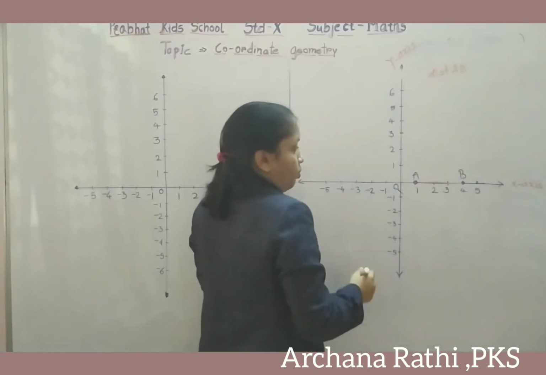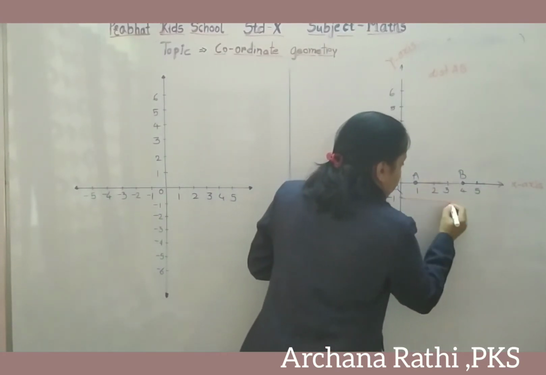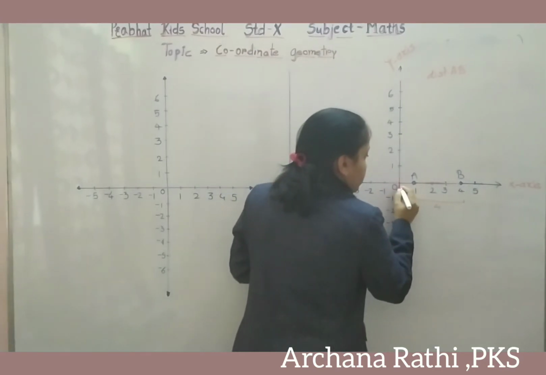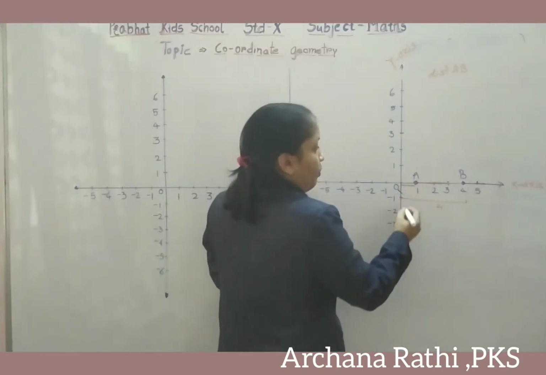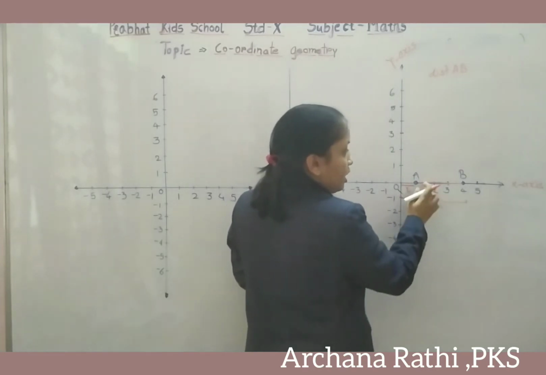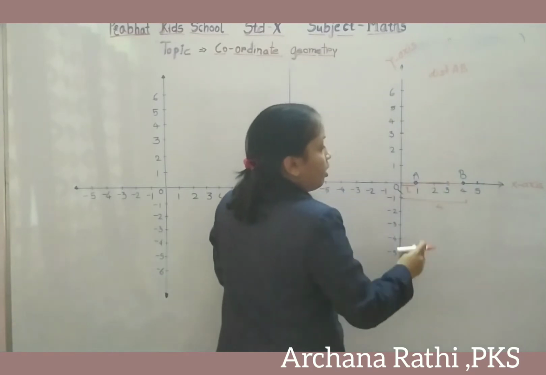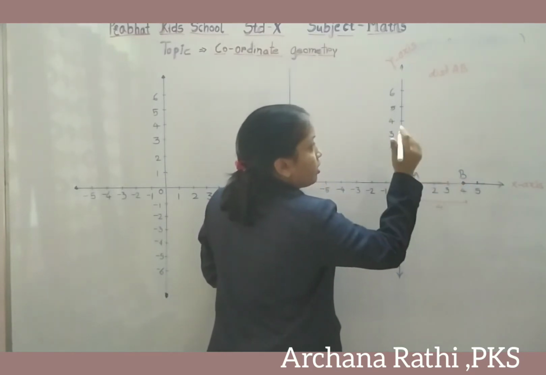If you observe, this distance is 4, and if you subtract this distance, which is 1, the distance between A and B is 1, 2, 3. Means 4 minus 1, it is 3.